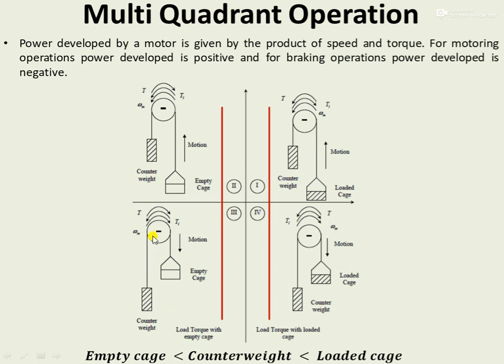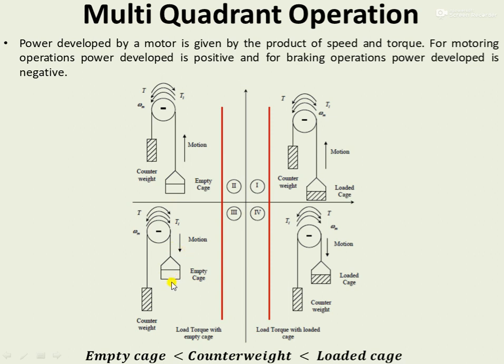As mentioned before, the direction of load torque is always opposite to that of the motor torque. So in this quadrant, the load torque is in anti-clockwise direction. As both torque and speed have negative polarity, the power developed will be of positive polarity, which clearly indicates the motoring mode of operation.